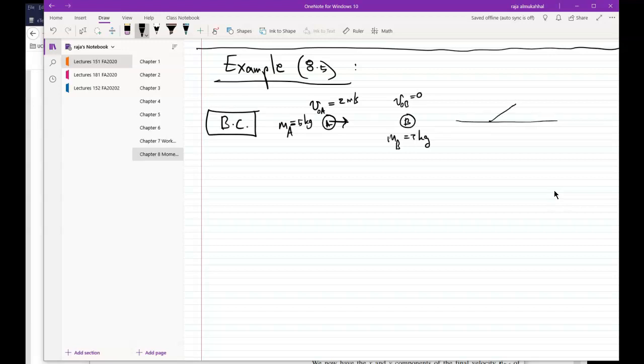So here is chunk A moving like that. I'm going to call it V sub A, and it is moving with a speed of 1 meter per second. And then you have chunk B right here moving V sub B with an unknown speed, at angle beta, and this is angle alpha equal to 30 degrees.